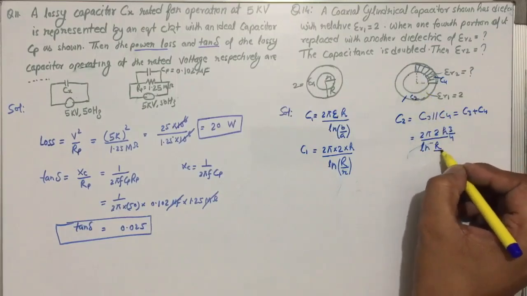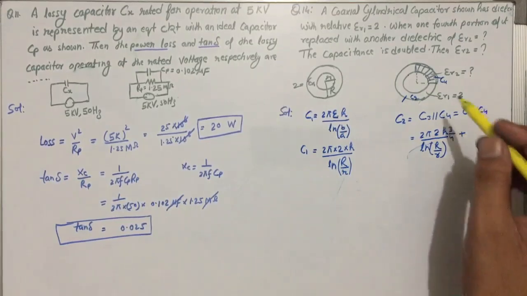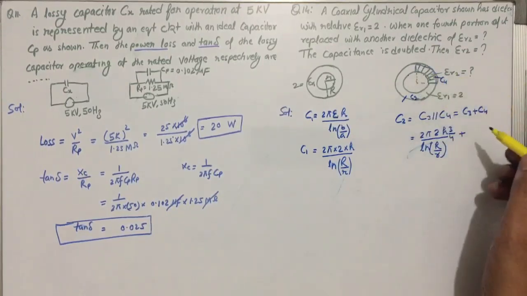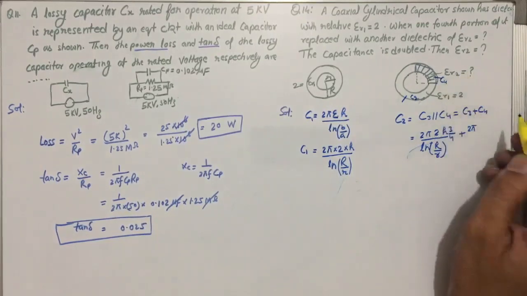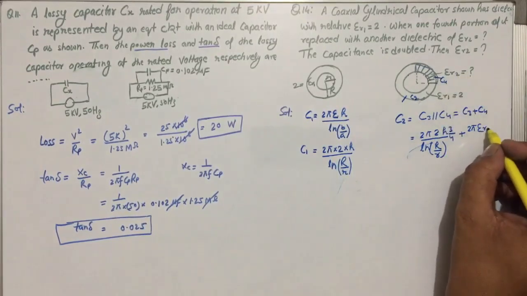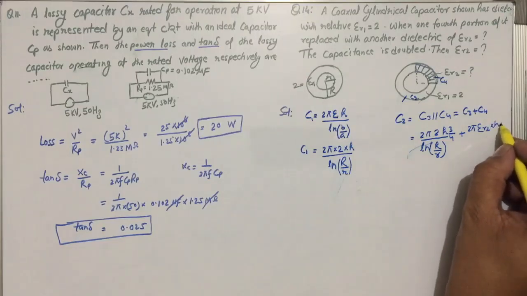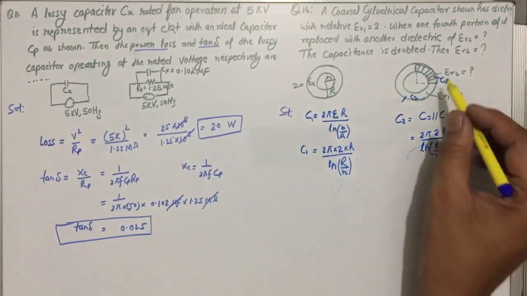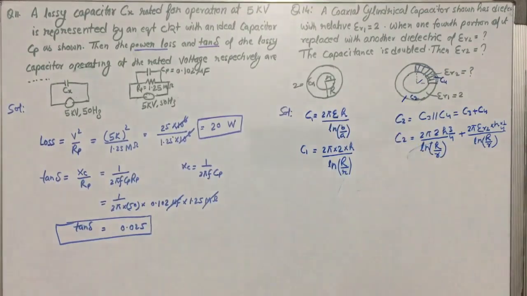The log term will remain the same, there will be no change at all, and plus C4 will be, for this portion, where h will change and epsilon will change. So 2 pi epsilon, which we don't know, that is epsilon R2, and h will be h into 1 by 4 portion divided by natural log R by r, the outer radius divided by inner radius, according to the formula. This is C2.